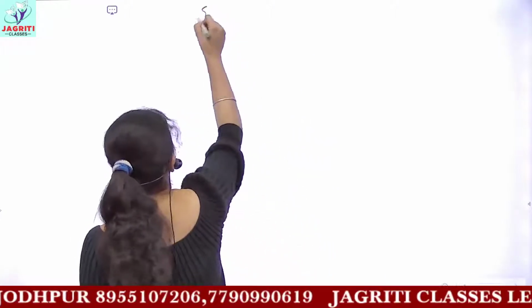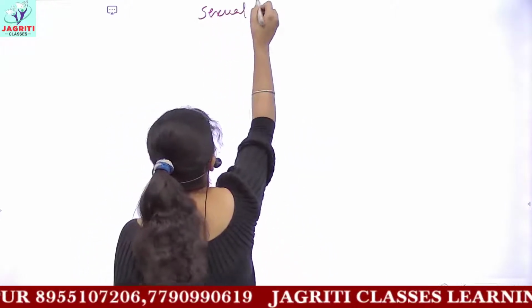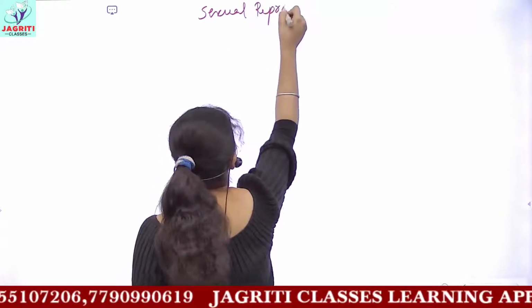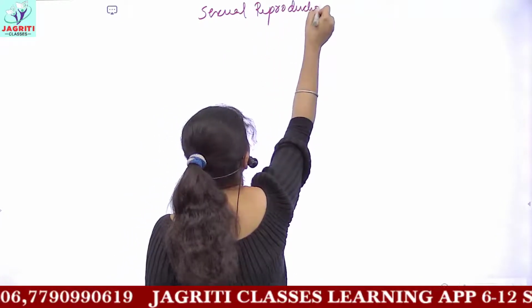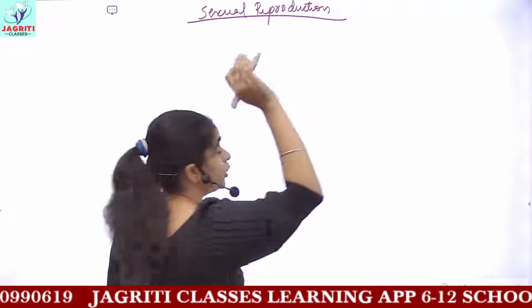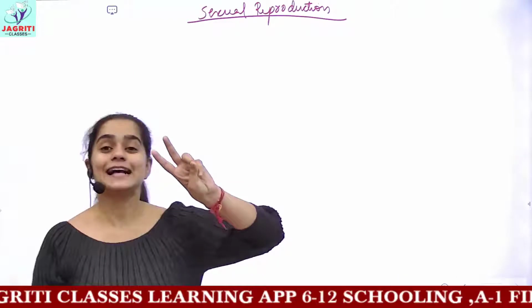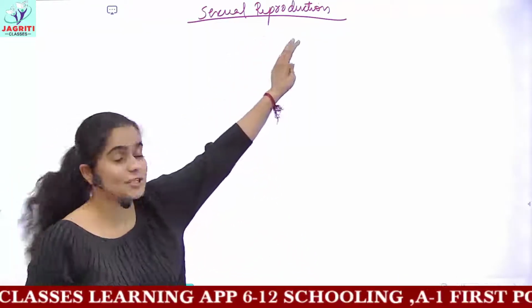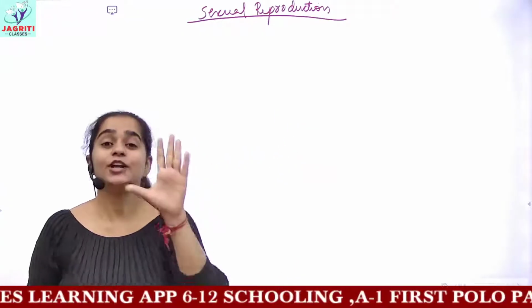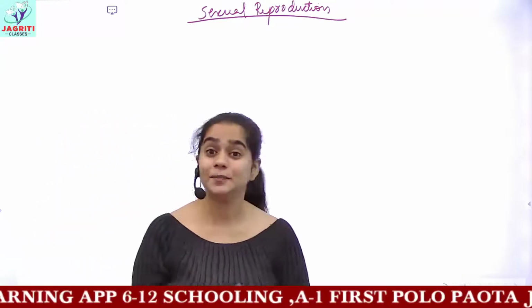Now we'll be starting with sexual reproduction. What do you mean by the term sexual reproduction? When two parents are involved or are responsible for reproducing, such kind of reproduction is called sexual reproduction.